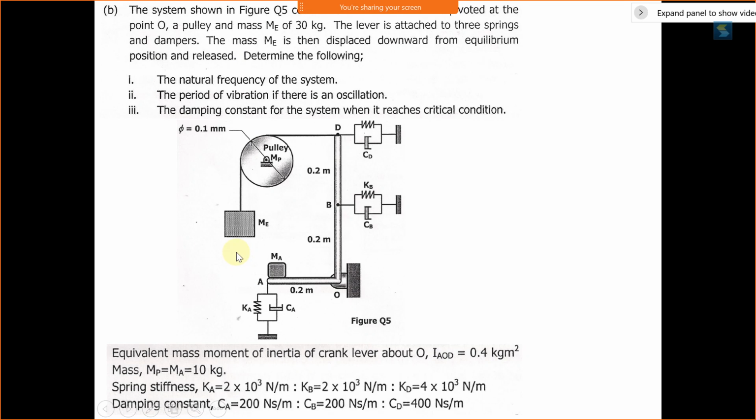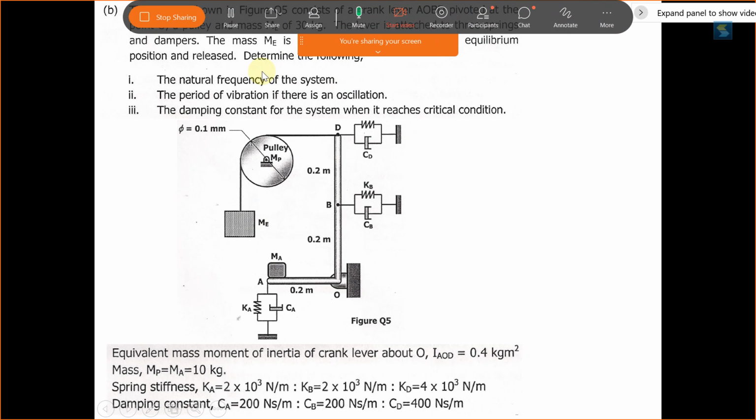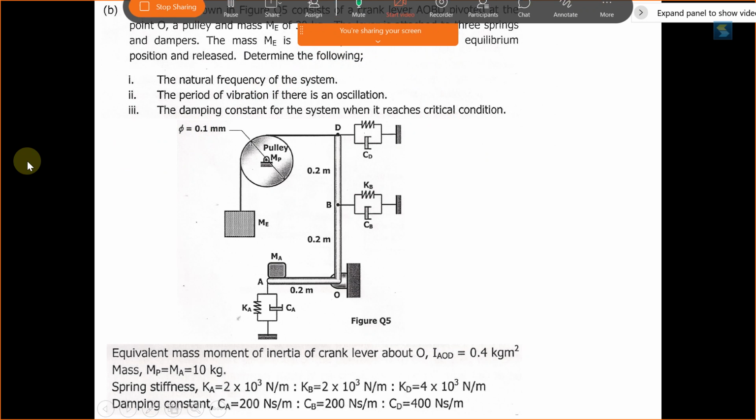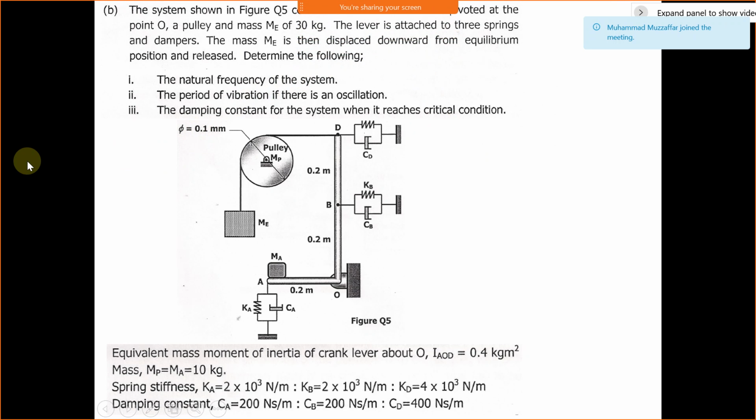The system in figure question 5 consists of a crank lever AOBD pivot at the point O, a pulley and mass ME of 30 kg.